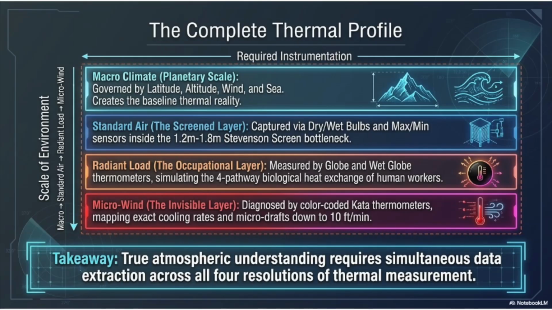Inside the 1.2 to 1.8 meter Stevenson Screen bottleneck, radiant load within the occupational layer is measured by globe and wet globe thermometers, simulating the four-pathway biological heat exchange experienced by human workers. And microwind within the invisible layer is diagnosed by color-coded kata thermometers, mapping exact cooling rates and micro drafts down to 10 feet per minute.